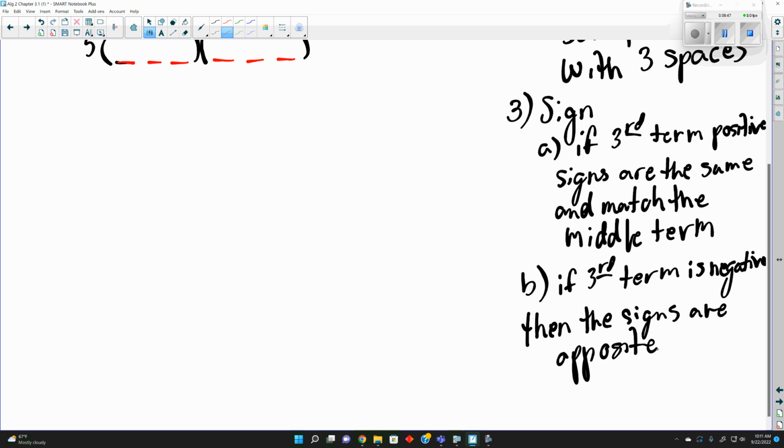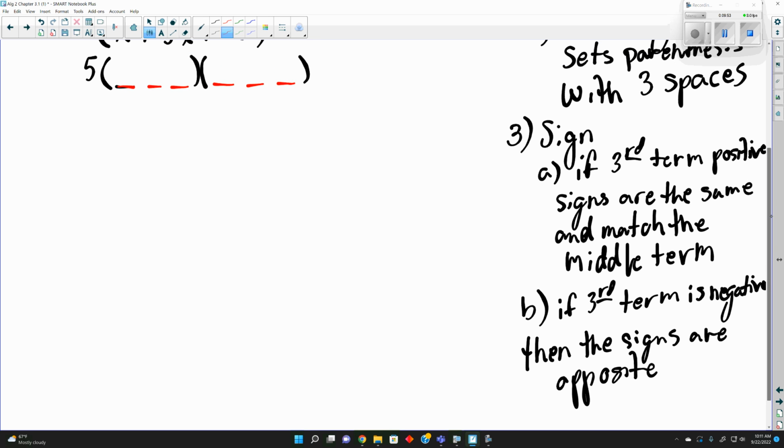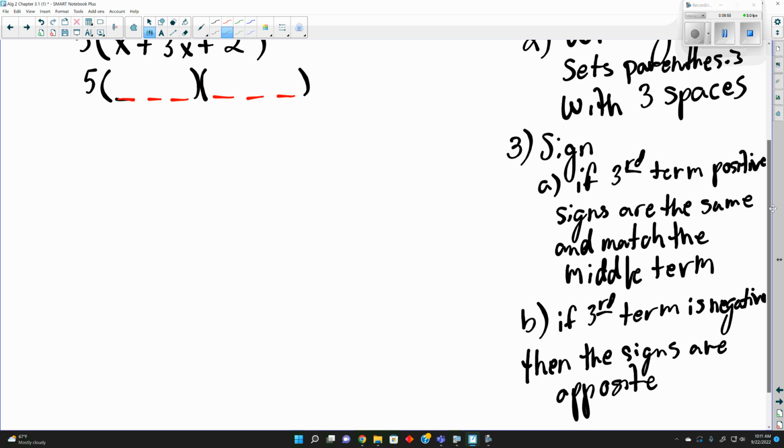Questions on this so far? So yes, we could set the first one as always being positive, not always, but there's a good chance it could be. Because here, if the signs are the same, they match the sign of the middle term. So if the third term is positive and the middle term is negative, they're both going to be negative.